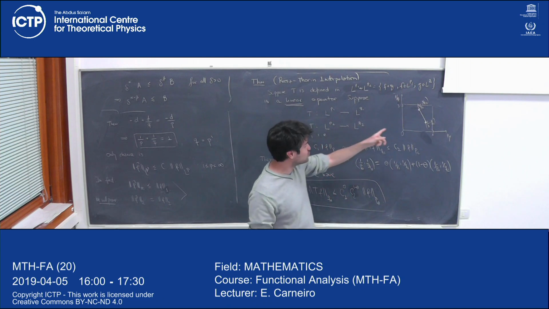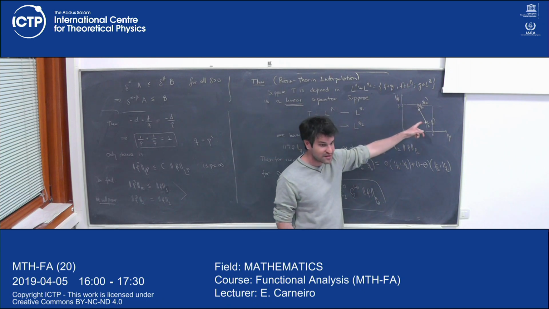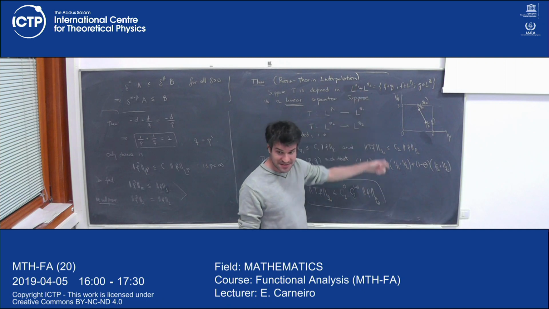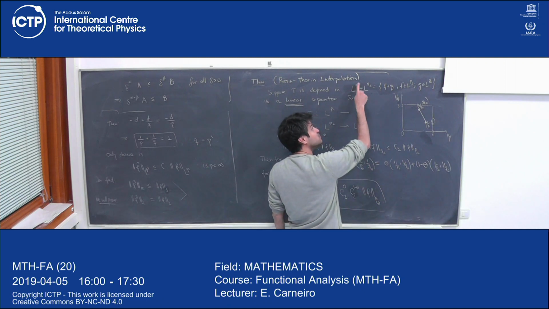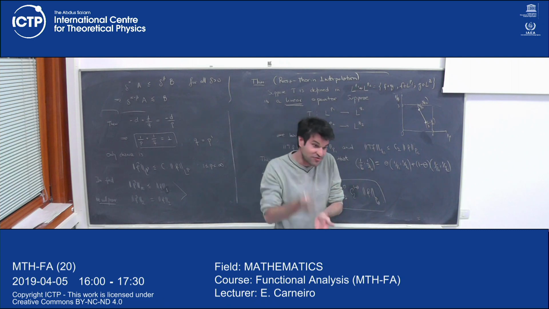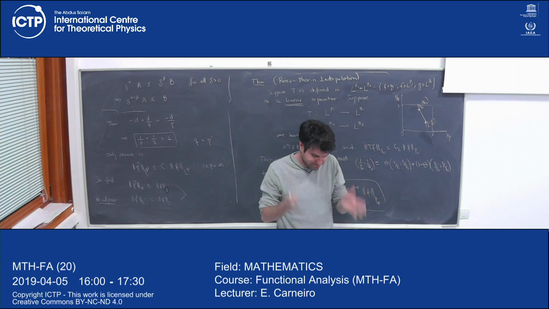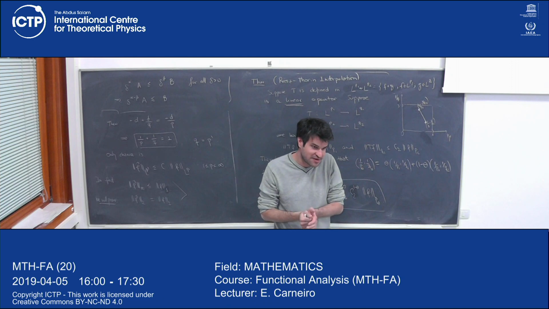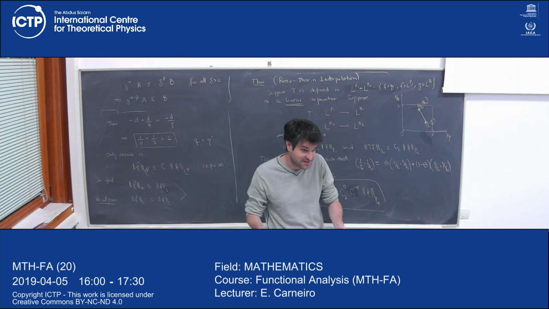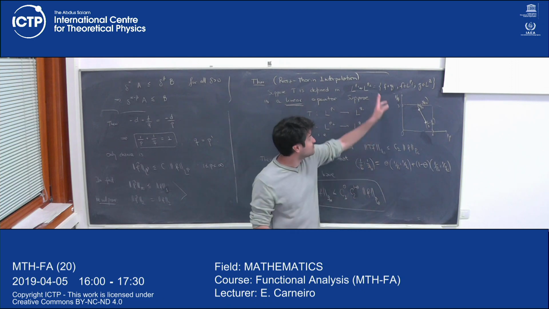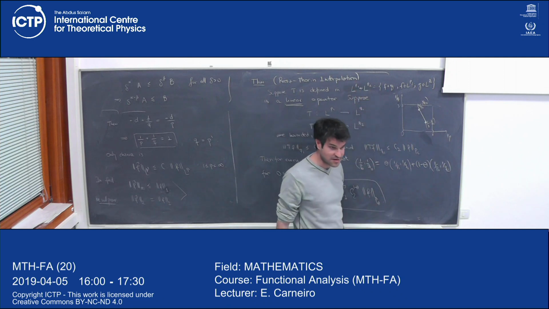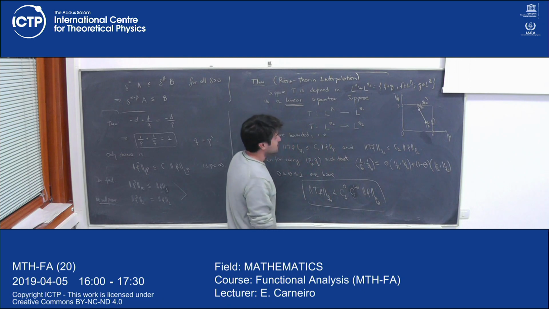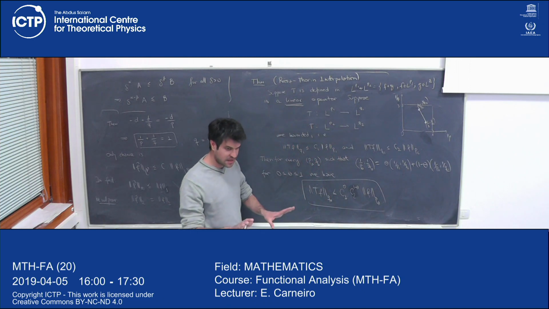You can show that any LP in between lies inside here. You can take an LP function with P between P1 and P2 and truncate it. Let's take 100, and consider the values which are less than 100 and bigger than 100. The part less than 100 will belong to one space and the part bigger than 100 will belong to the other. It's not hard to prove that. Does that answer your question?